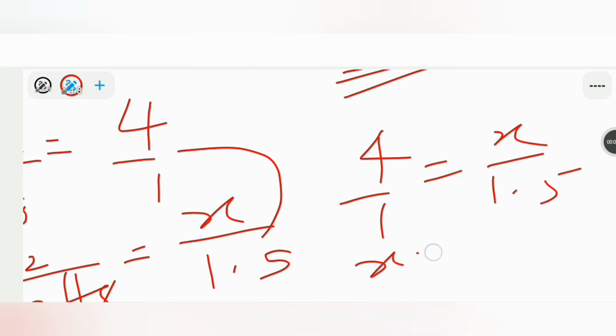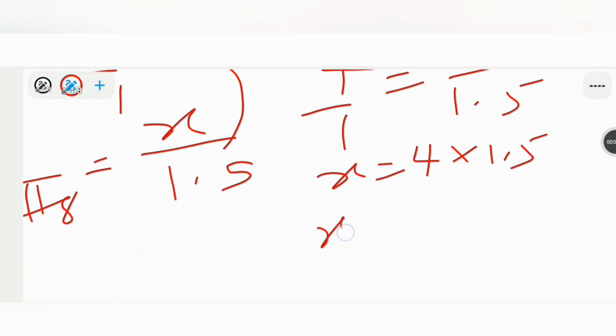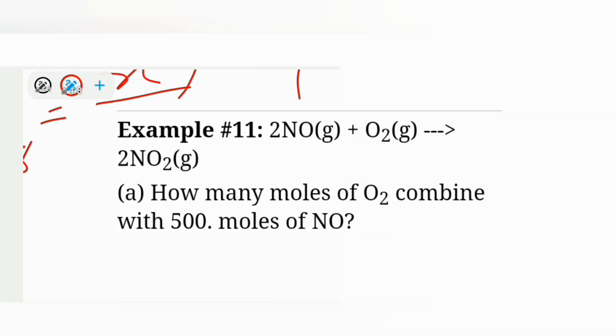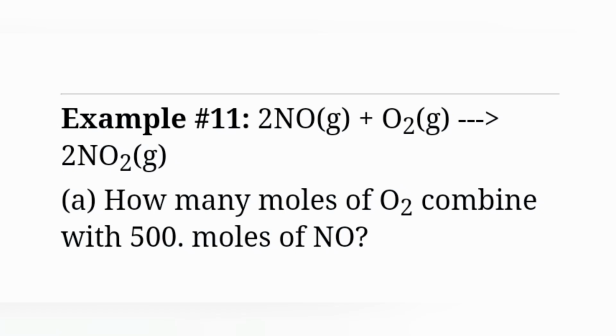Cross multiply, X will be 4 times 1.5, X will be 6 moles of H2. So that's how to use the ratio trick for any stoichiometry question. Even if it's grams or moles, it applies. Go ahead and try this question on your screen and post your answer in the comment section.